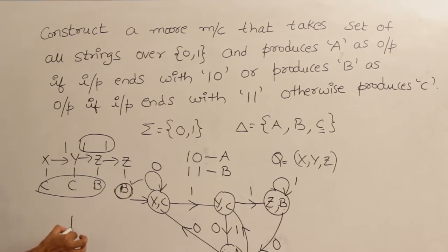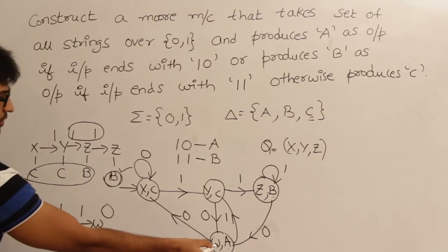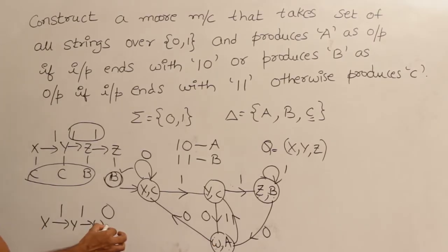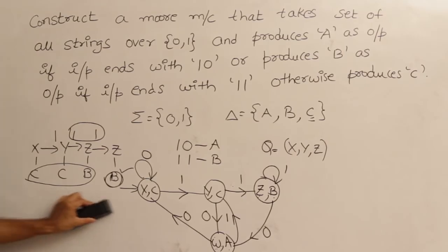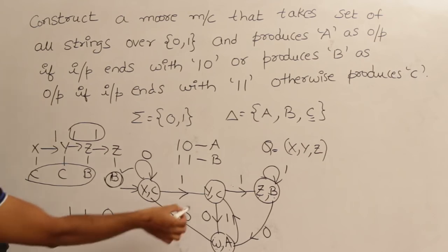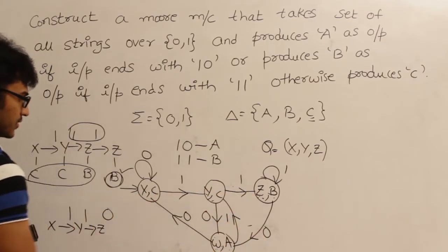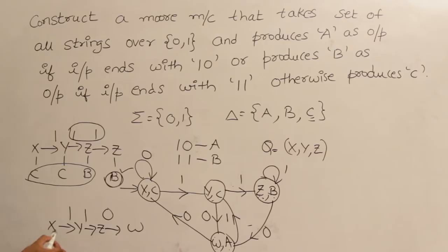Let us say 1 1 0 is the input. Initially I will be in state X. On seeing a 1, X goes to Y, Y on seeing 1 goes to Z, and Z on seeing 0 goes to W. Now look at the outputs.